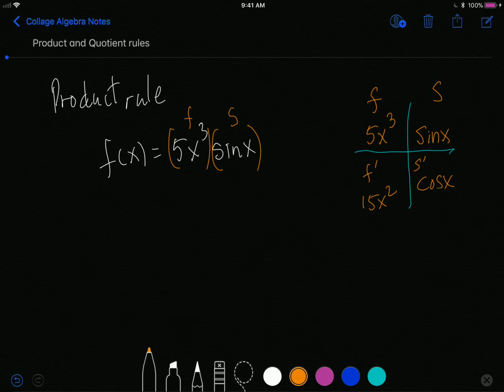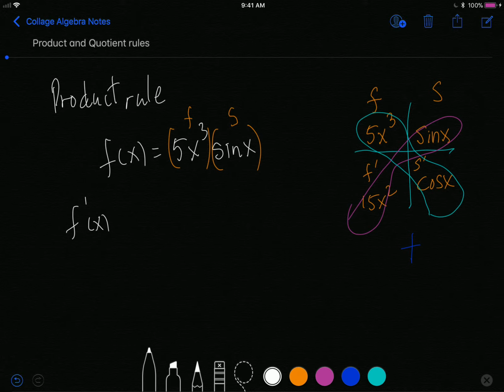Very simply, to apply the product rule, you multiply these two together, and then the result you get, you add to the product of the other two functions being multiplied together. And so from that, I have that f prime of x, the derivative, is simply, think of it as making a little x for a plus sign between them.